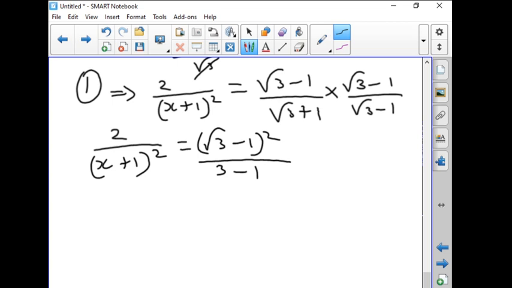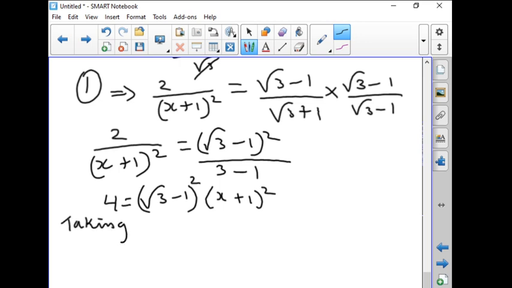So cross multiplying we get 4 is equal to root 3 minus 1 the whole square into x plus 1 the whole square. Okay. Now take square root both the sides.